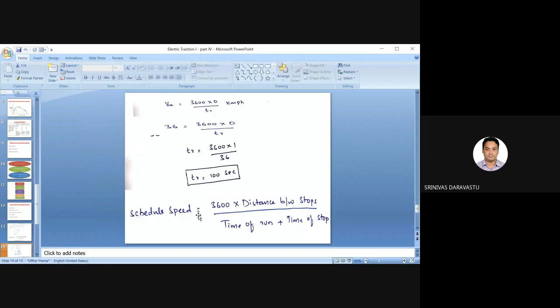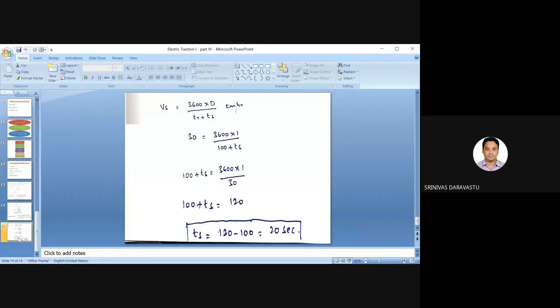Similarly, scheduled speed is equals to 3600 into distance between the stops by time of run plus time of stop. Now we need to find out the time of stop value. VS equals 3600 into D by time of run plus time of stop, kilometers per hour. VS value is 30, so 30 equals 3600 into 1 by the TR value we found earlier, 100 seconds, plus TS.